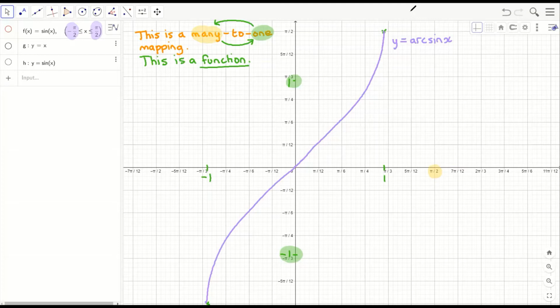So the domain now runs from -1 up to 1, and the range runs from -pi/2 all the way up to pi/2, which is exactly how inverse functions behave. So we can now apply that, and we can fill in our notes, and we can do the same thing for the inverse of cos and the inverse of tan.